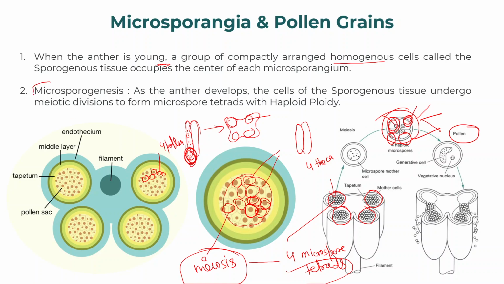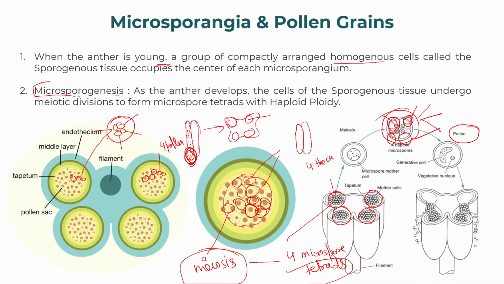Microsporogenesis is a process where the little cells of the sporogenous tissue undergo meiotic division to form microspore tetrads, and they all will form pollen grains, right?